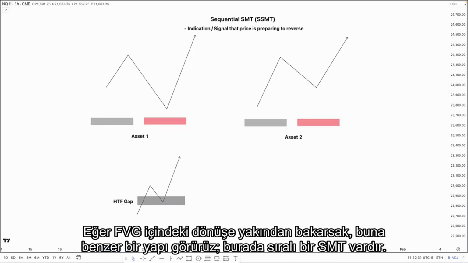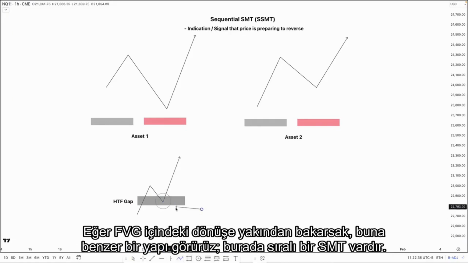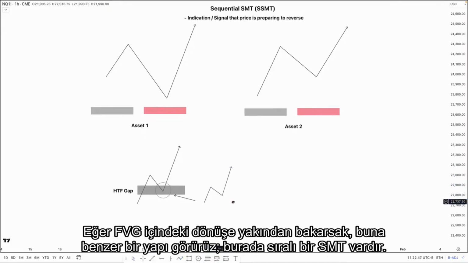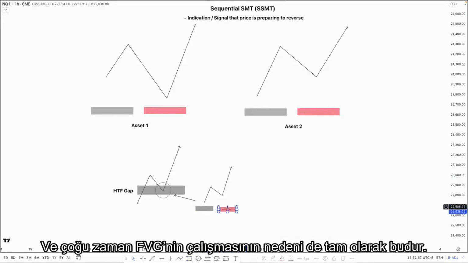If we zoomed in on the reversal within the fair value gap, we would see something along the lines of this, where we have a sequential SMT. And then this is oftentimes why your fair value gap is going to work.